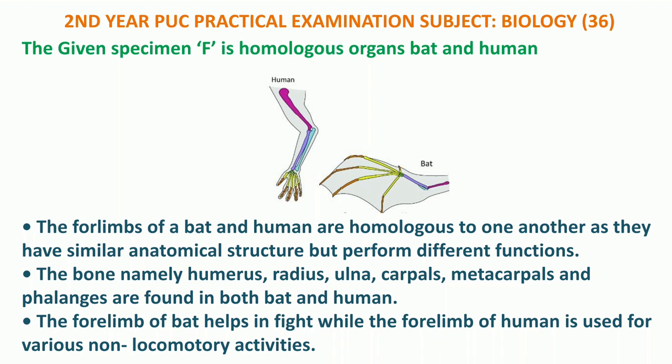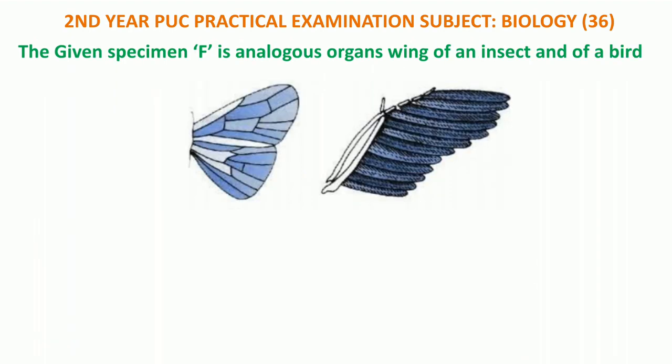The bones, namely humerus, radius, ulna, carpal, metacarpal, and phalanges, are found in both bat and human. The forelimb of bat helps in flight, while the forelimb of human is used for various non-locomotory activities. So these are the points for this question if you get this picture in the 6th question F.